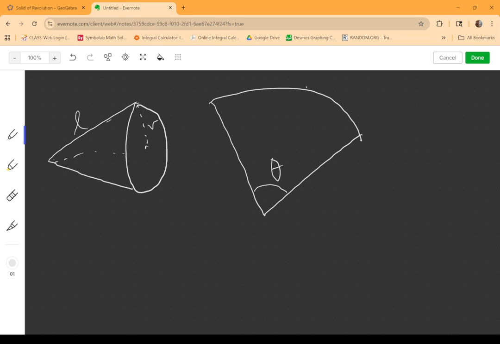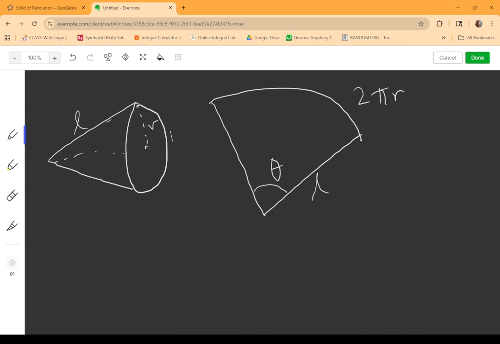This arc length can be calculated by 2 pi r, the circumference of the circular base of our cone, and the lateral length we said was just L.